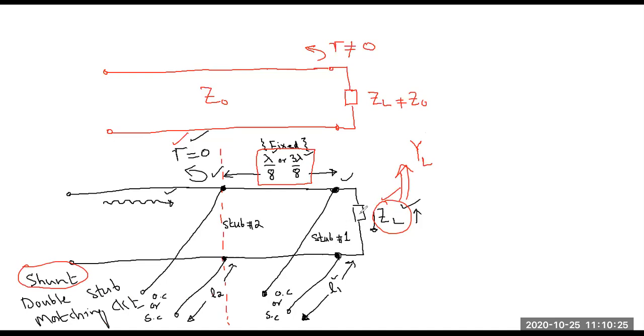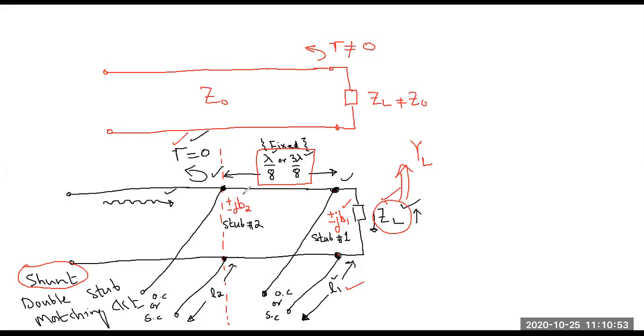Once you do that, this stub is connected in shunt. So the effect of this stub will be that it will provide us some susceptance, which I will represent by, let's say, B1. Once I know how much B1 I need, I will be able to find out L1. Similarly, stub 2 will provide us minus plus jB2.